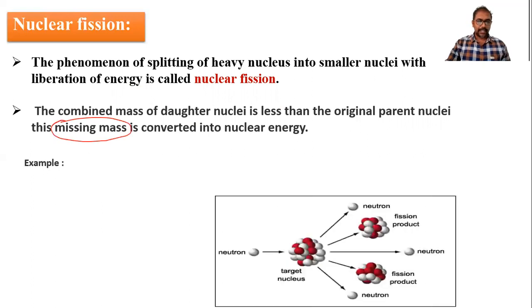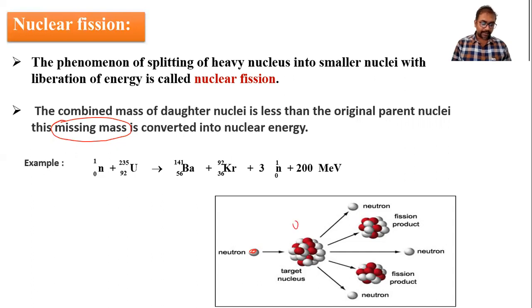Now let's see an example. When a neutron is bombarded on uranium 235, this uranium splits into two products: first barium and second krypton.